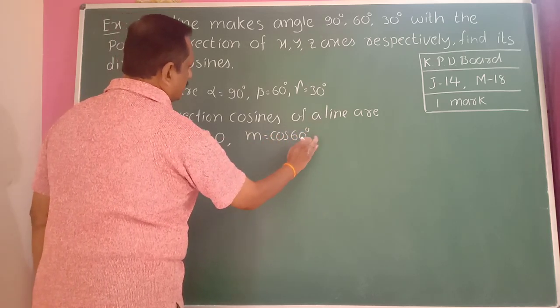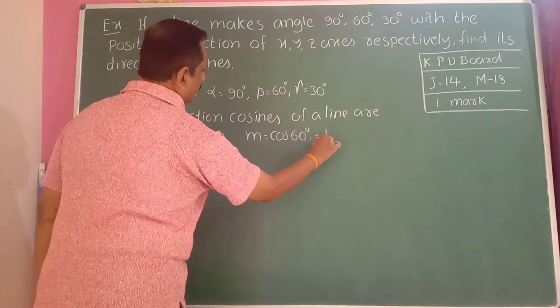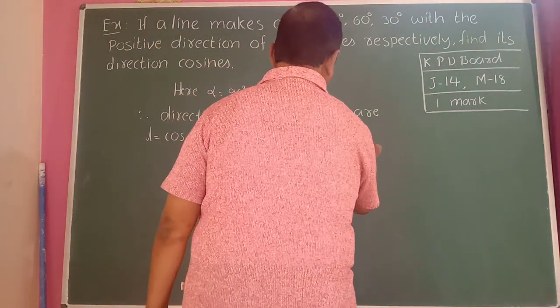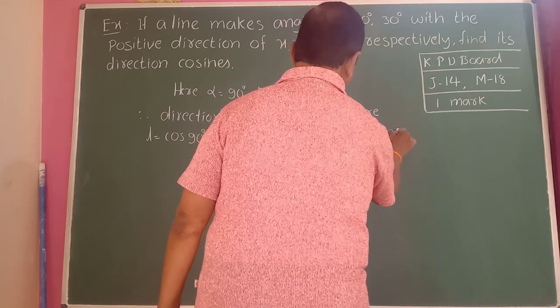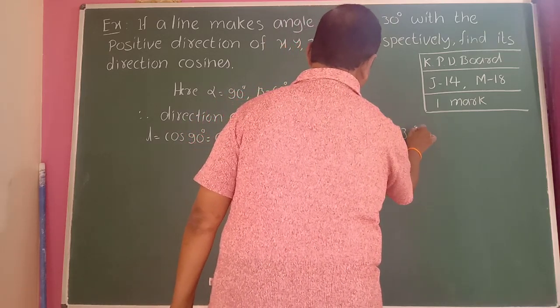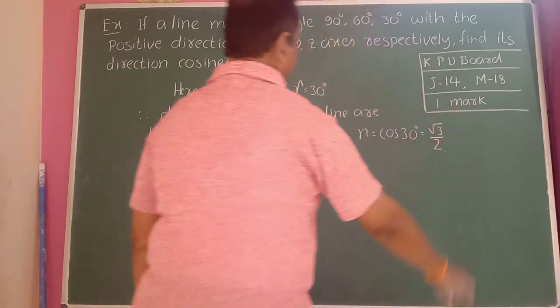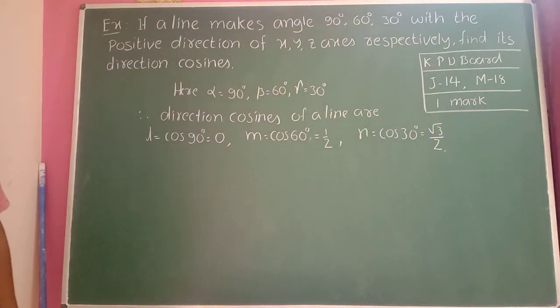Cos 60 degree value is 1 divided by 2. n is equal to cos gamma. Gamma is 30 degree, so its value is root 3 divided by 2. So these are the direction cosines of a line. So this is a 1 mark question.